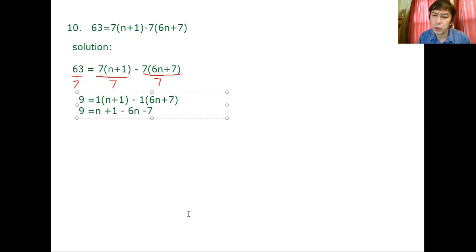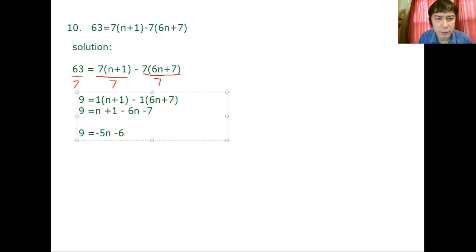And so this will continue by simplification. Okay, let's continue with 9 on the left side. We simplify the n and the -6n, the terms with the letters. That should result to a -5n. And then the numbers now, 1 positive, 7 negative, results to a -6. There.